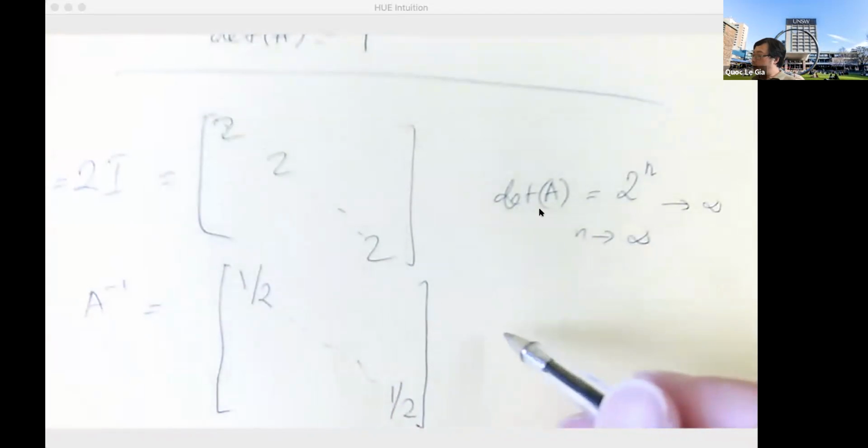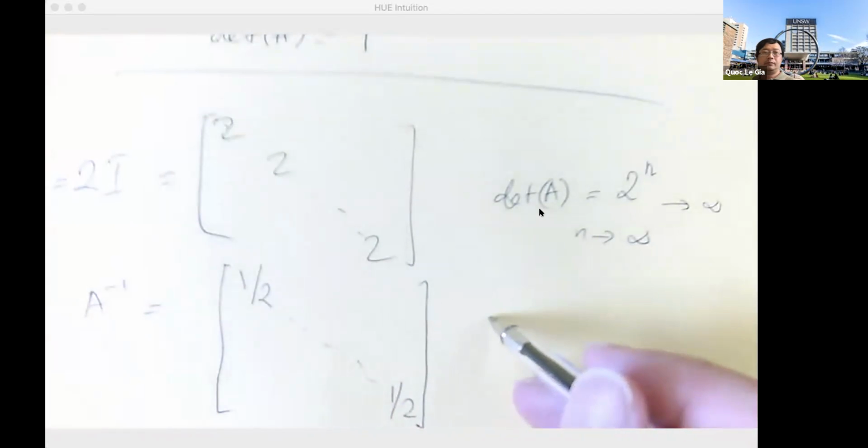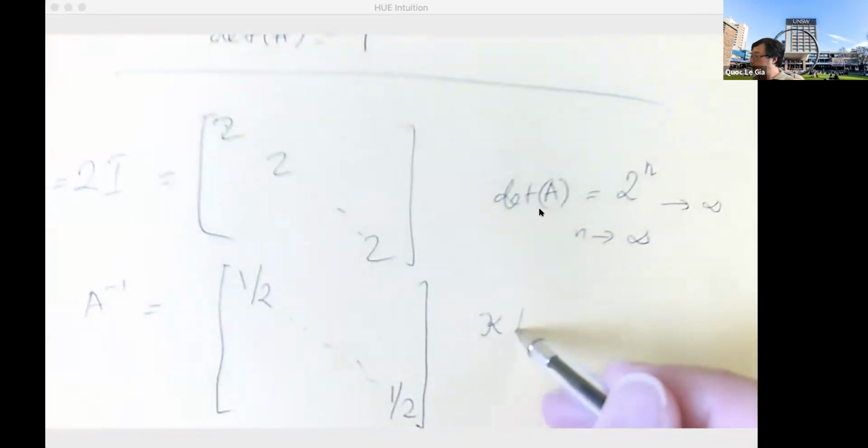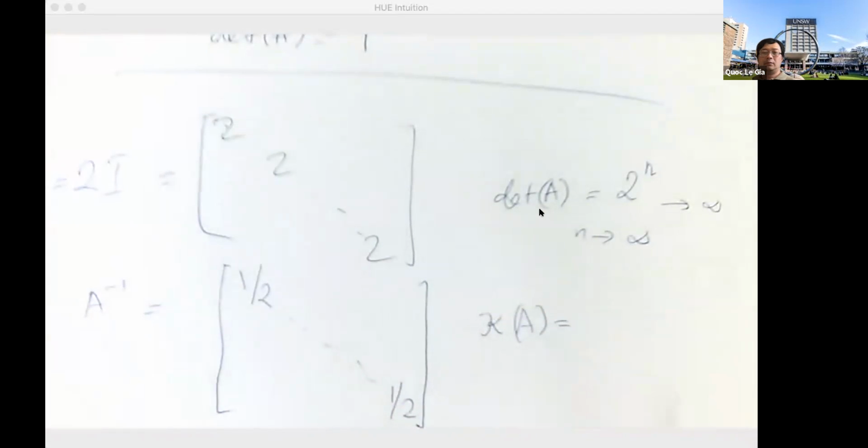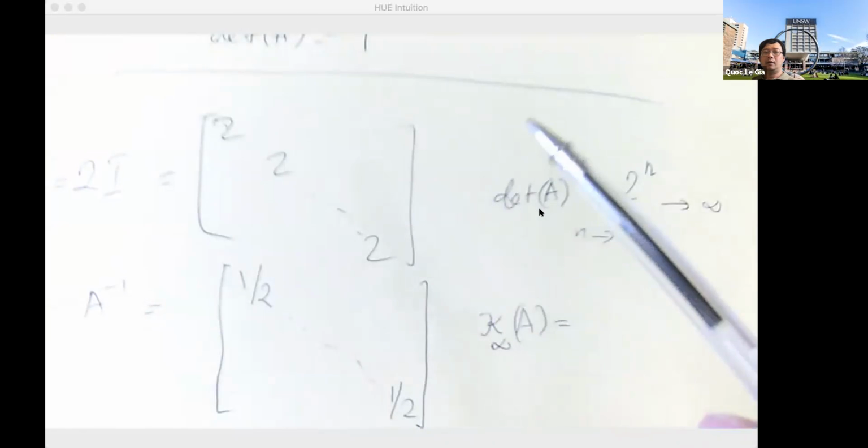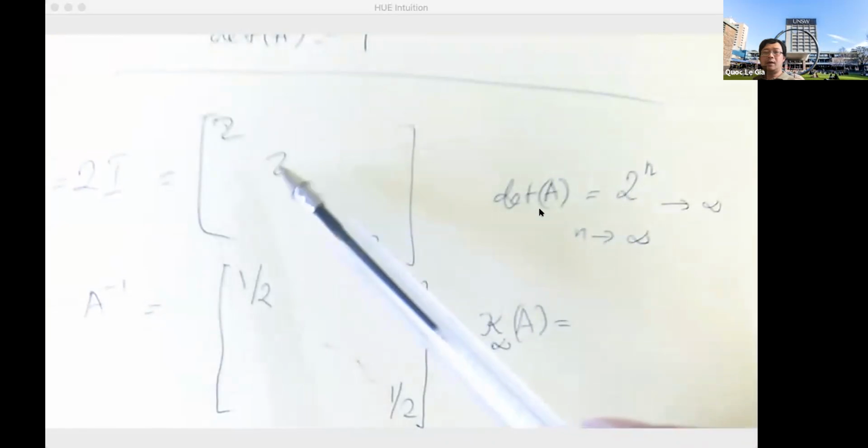So then what is the condition number? Say infinity norm. So what is the norm of A?